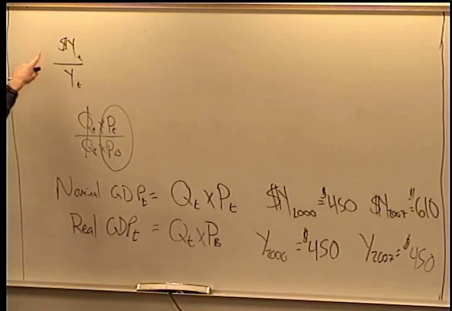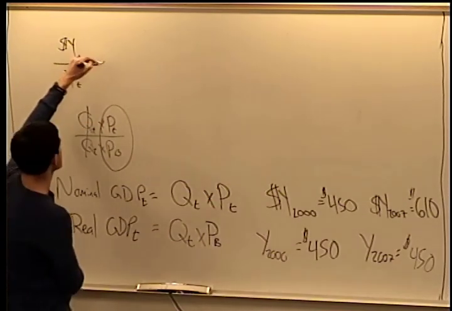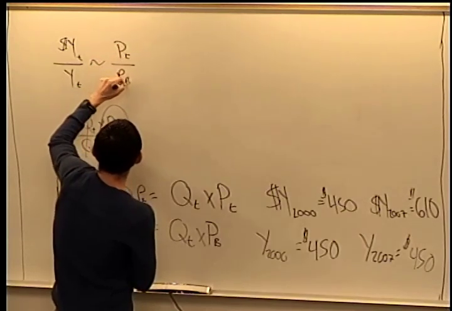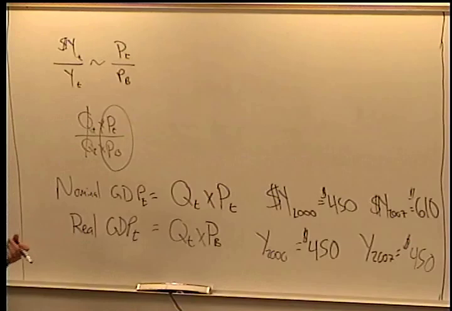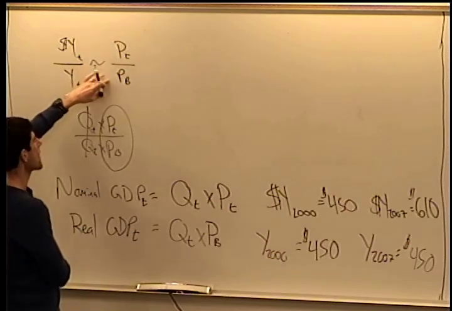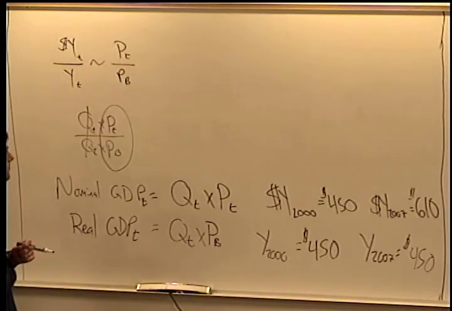So if I take nominal GDP divided by real GDP, that gives me a ratio of prices. So that's going to be equivalent to price in year T divided by price in the base year. Okay? So it's going to tell me how much higher or lower were prices in year T as compared to the base year.